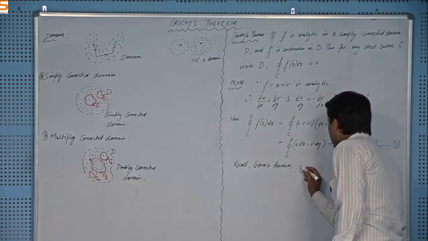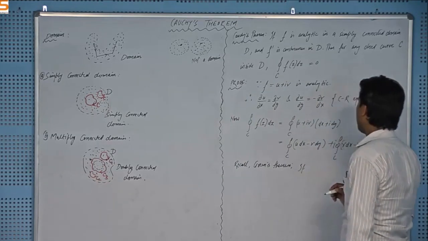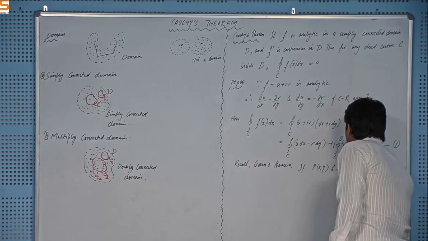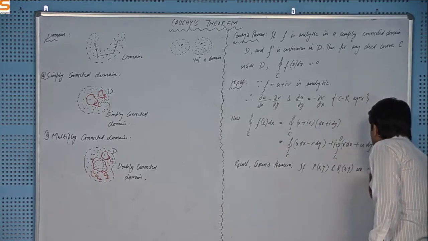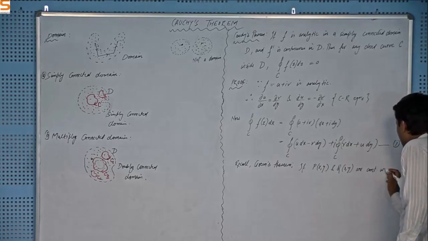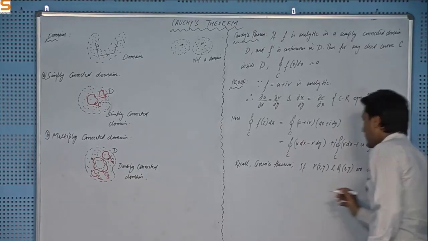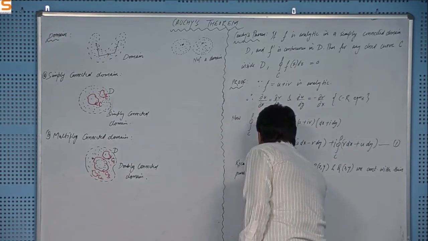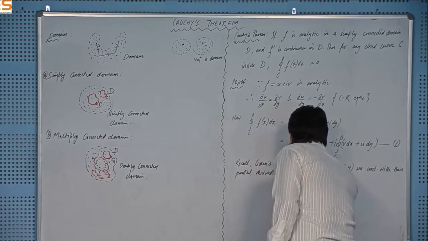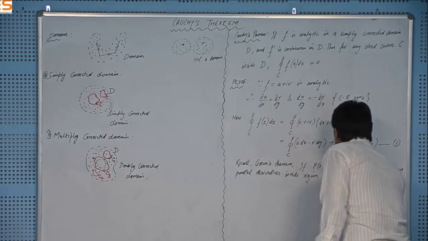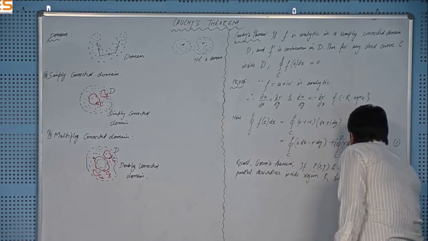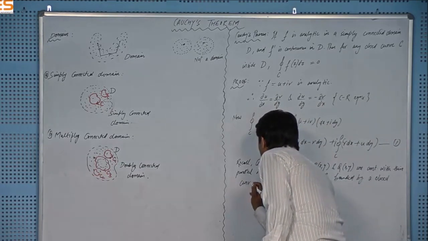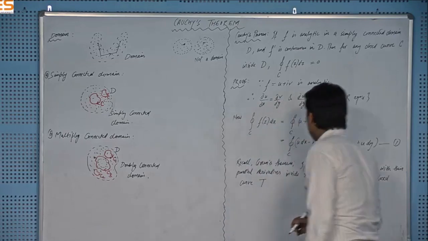And the theorem is that if p as a function of x, y and q as a function of x, y are continuous with their partial derivatives inside region capital R bounded by a closed curve, let me call that curve T, right?